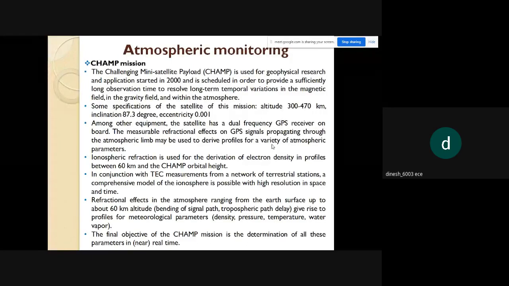So the gravity field, for example, the magnetic field can be easily determined by this CHAMP mission in the atmosphere.